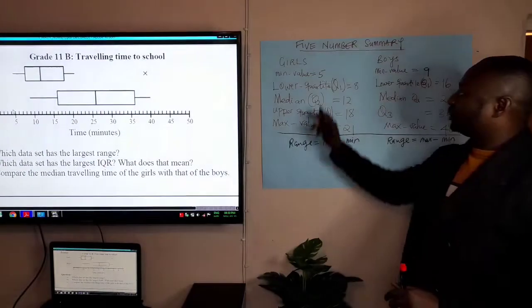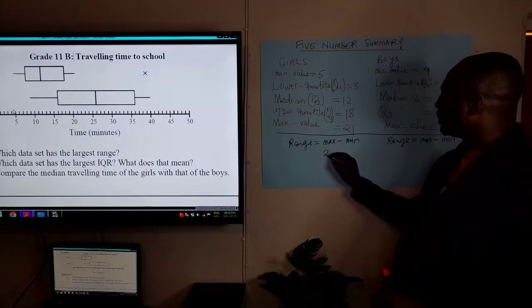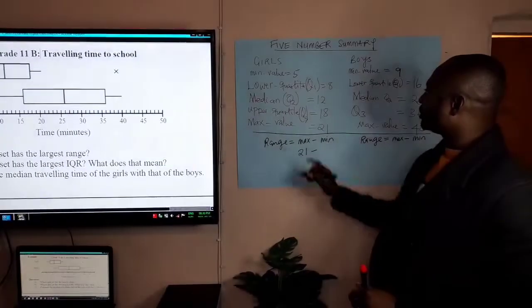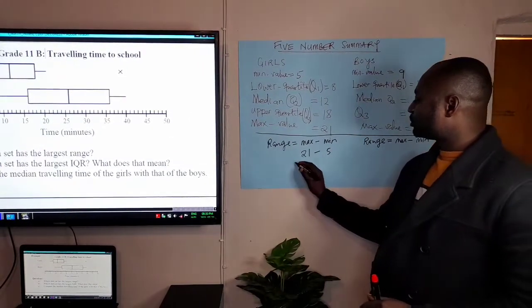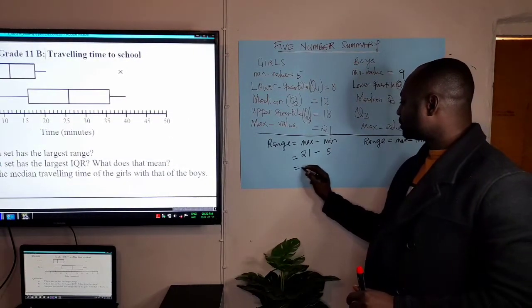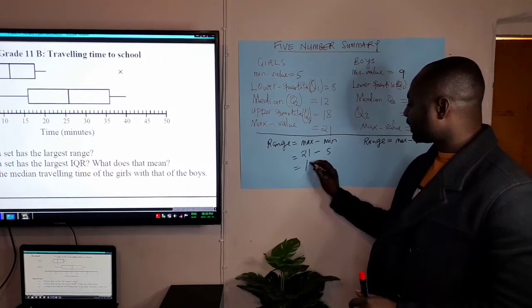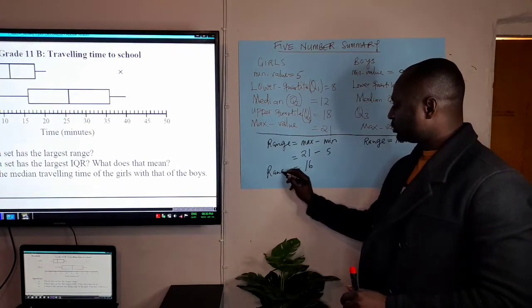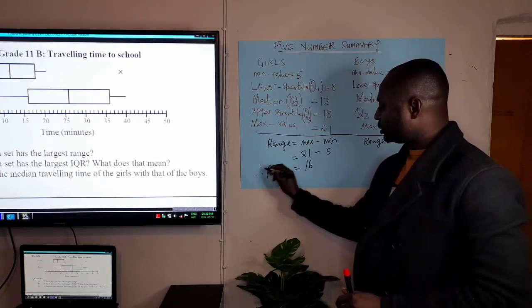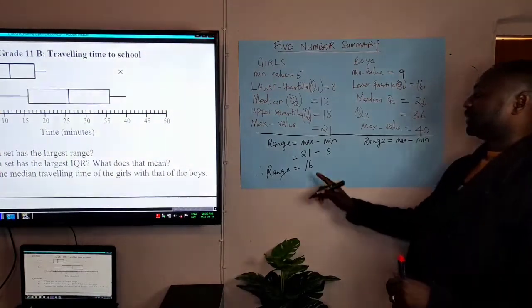So now we go here and check what is our maximum value for the girls. It's 21. We put it here, minus your minimum value for the girls, which is 5. When you subtract 5 from 21, it will leave you with 16. Therefore our range is equal to 16 for the girls.